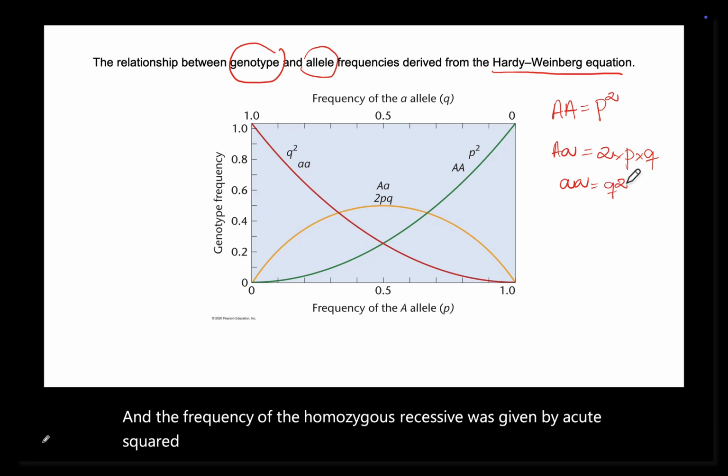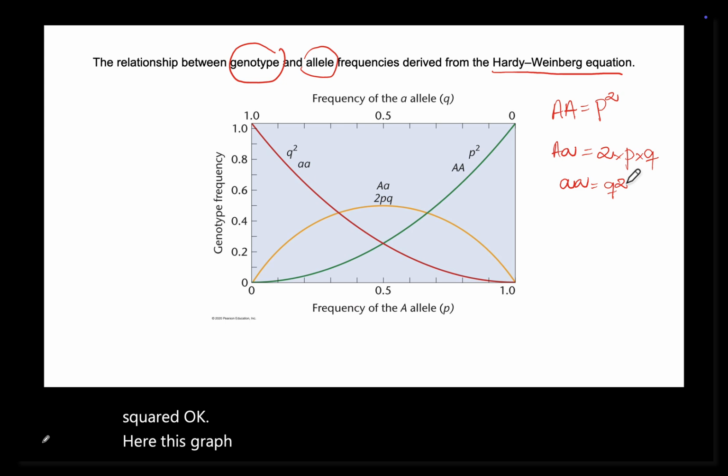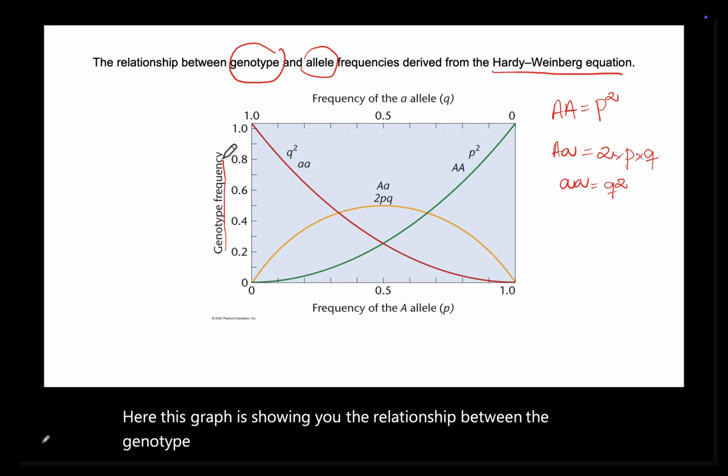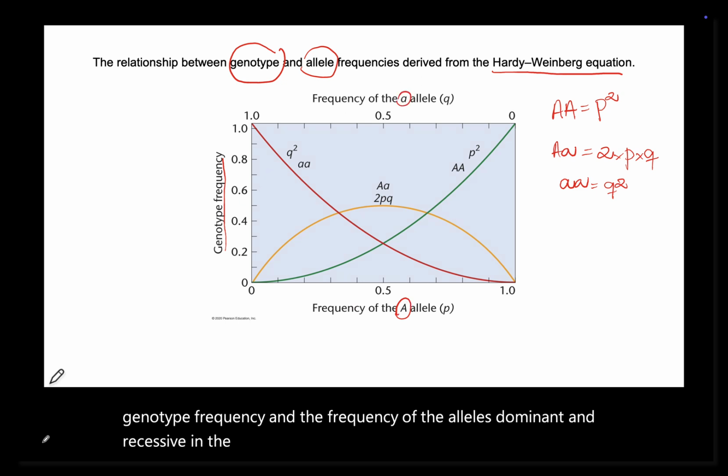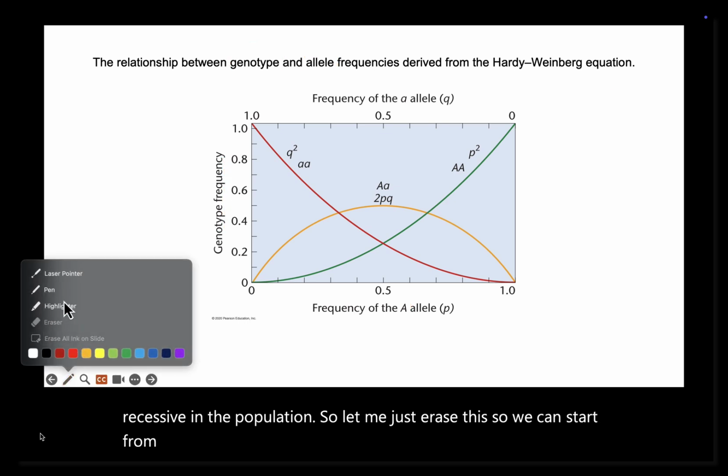Okay? Here, this graph is showing you the relationship between the genotype frequency and the frequency of the dominant and recessive alleles in that population. So let me just erase this so we can start from the beginning right here.